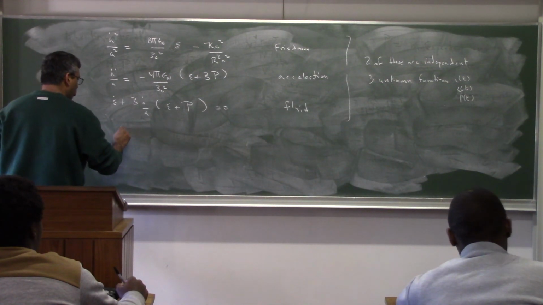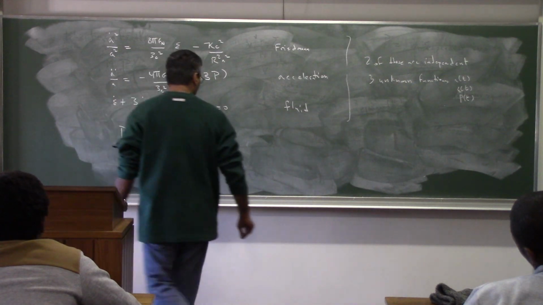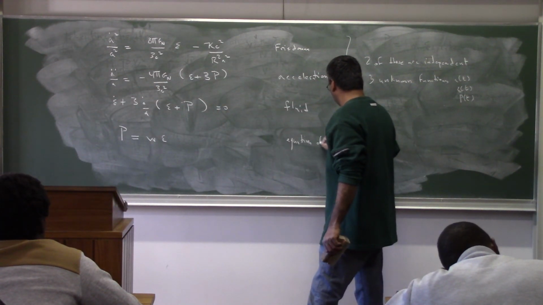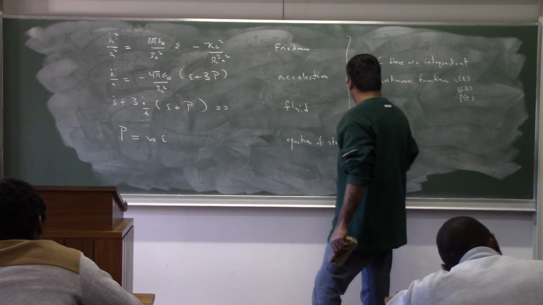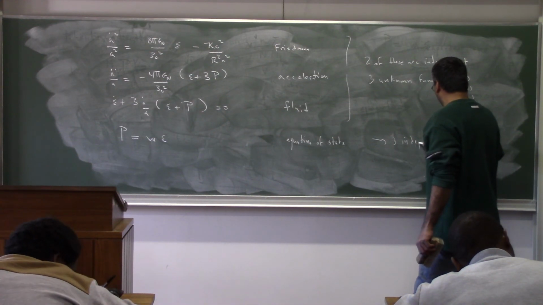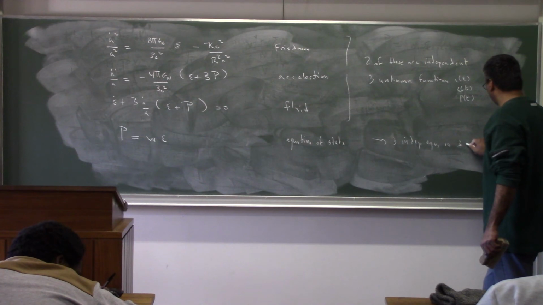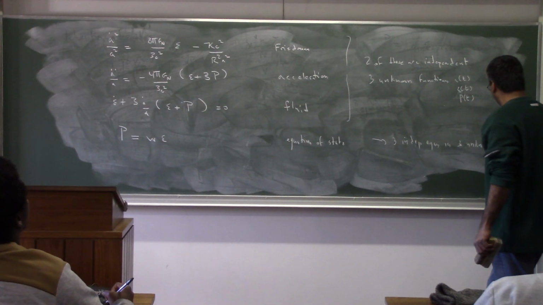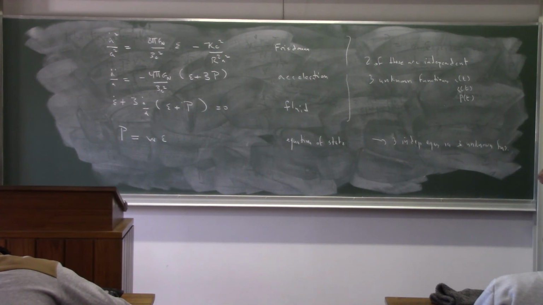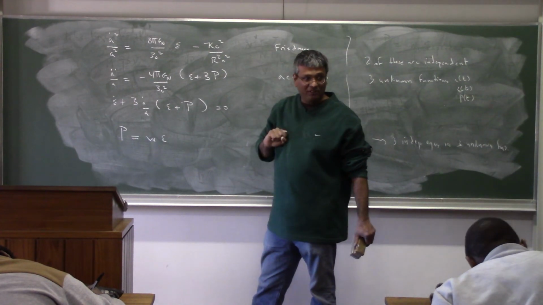And we come up with one more equation, p equals w epsilon, the equation of state. This gives us three independent equations in three unknown functions. Okay? And we notice this equation of state is different for matter and for radiation.